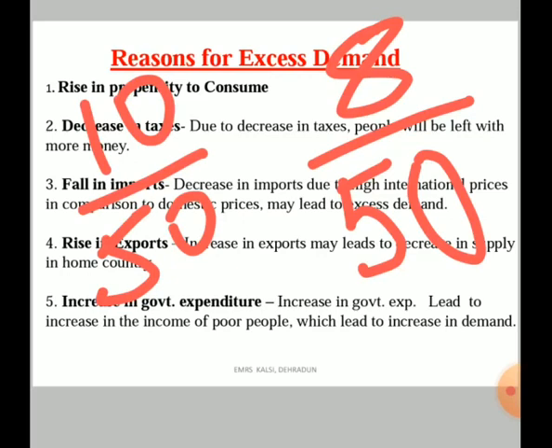So that's why the fall in imports will lead to excess demand. How?